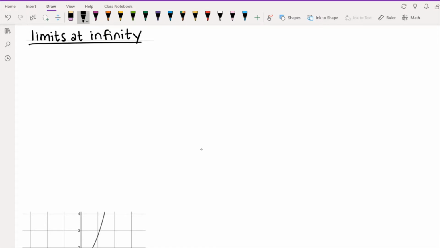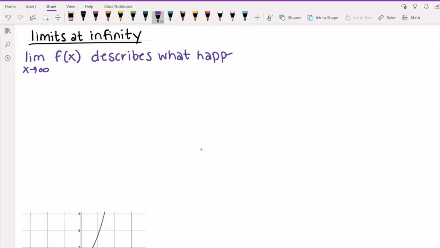So what does it mean to take the limit as x approaches infinity of f of x? If you take the limit as x approaches infinity of a function, think of that as a description, or maybe I'll say it this way, it describes what happens to the outputs.